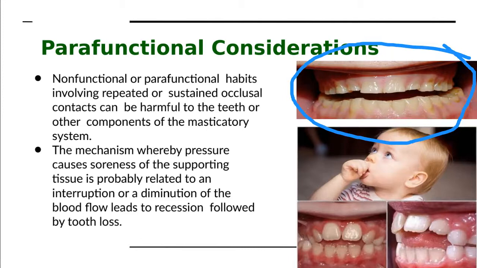Non-functional or parafunctional habits involving repeated or sustained occlusal contacts can be harmful to the teeth or other components of the masticatory system. The mechanism whereby pressure causes soreness of the supporting tissues is probably related to an interruption or diminution of blood flow, leading to recession followed by tooth loss.